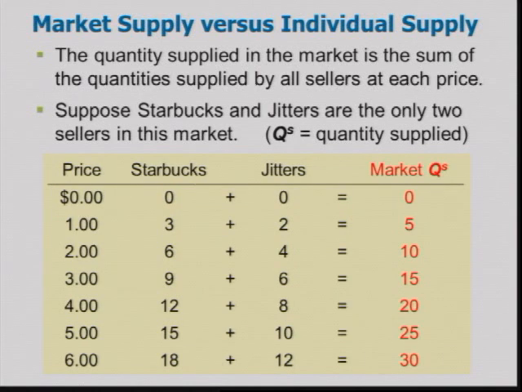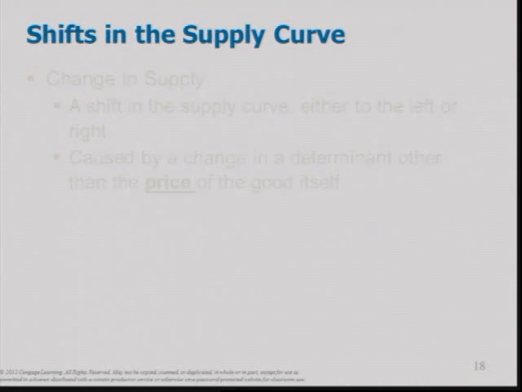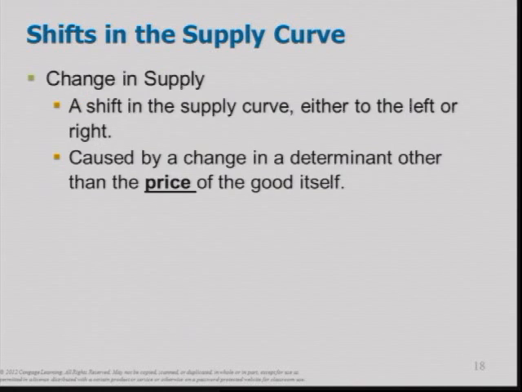This is just like what we were talking about with demand. Market supply means that we have surveyed a bunch of different sellers, not just one company, but a bunch of different sellers of that product. And we can build a market supply curve, but it's still going to look the same. It's going to be upward sloping to the right. Now, there are some things that can shift supply, just like some things that can shift demand.